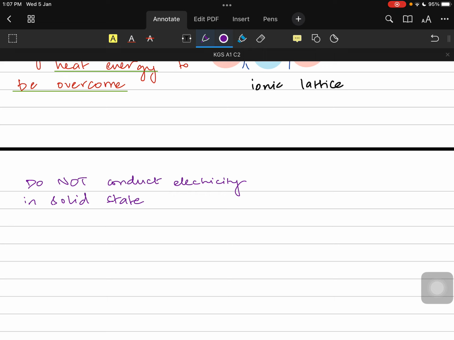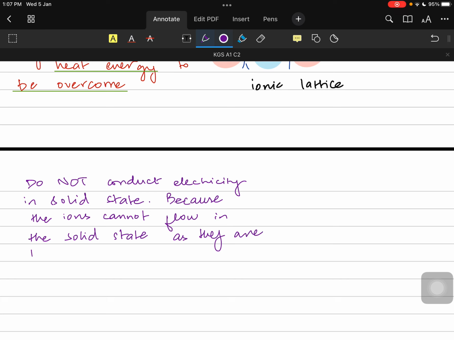So they do not conduct electricity in the solid state because the ions cannot flow in the solid state, as they are tightly held in the ionic lattice.